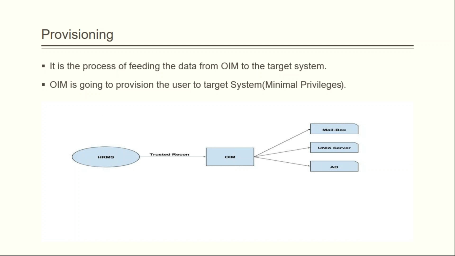Now, if I talk about how we can automate the process of provisioning, there is a new concept called access policies. Using access policy, we can automate the process of provisioning.